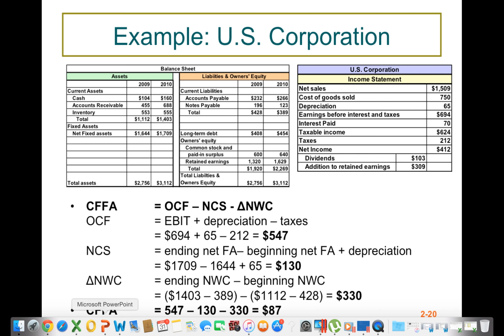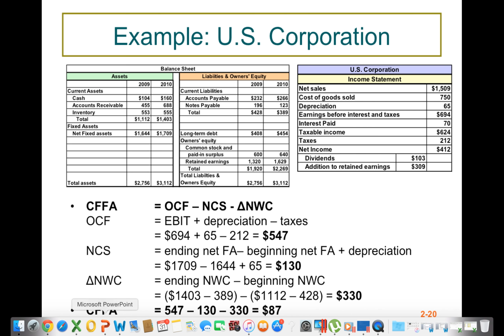So again, 1403 is you're taking your current assets in 2010, less that 389, which is your current liabilities in 2010, and then your beginning, which is your 1,112 current assets, less your 428 current liabilities, you're going to get 330.